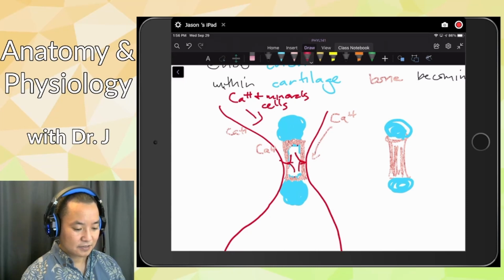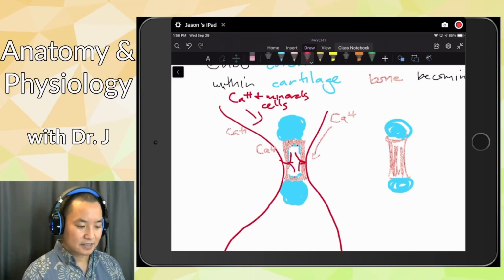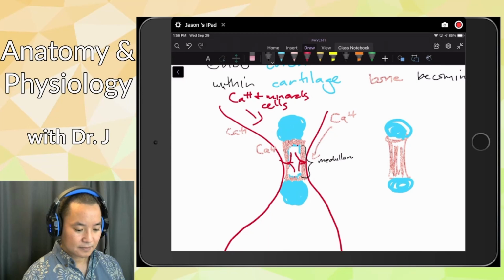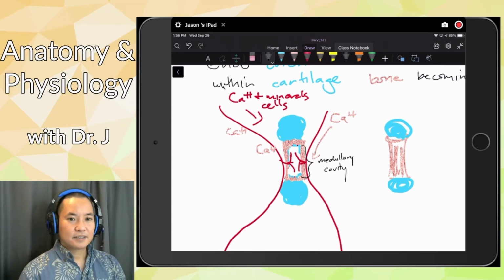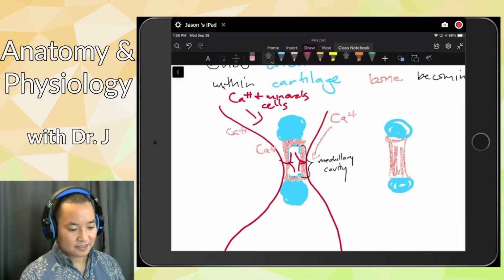We still have blood vessels over here. So this is the primary ossification center, and this new space is what we call the medullary cavity. So that little pocket, and the whole structure itself, is called a primary ossification center.